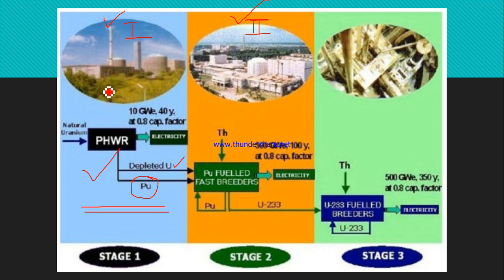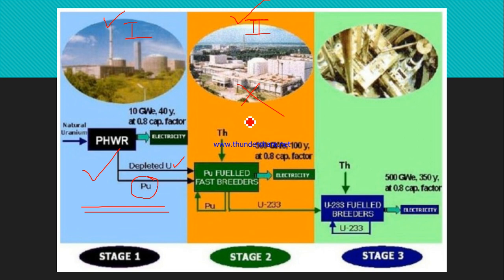That's why we use a moderator, deuterium oxide, as coolant as well as to slow down the fast neutrons. But here there is no moderator.